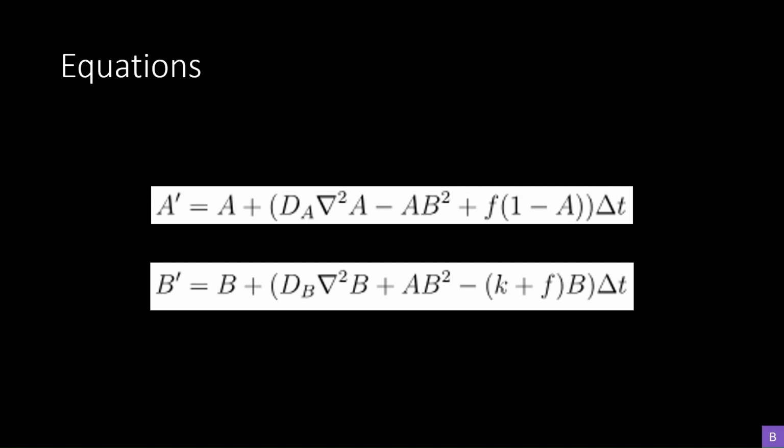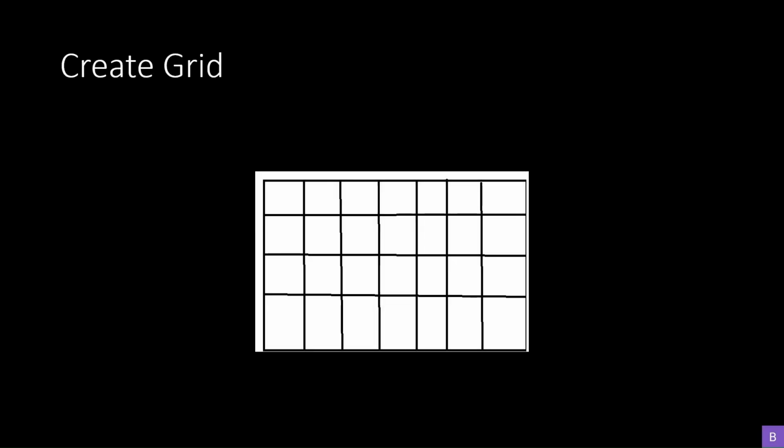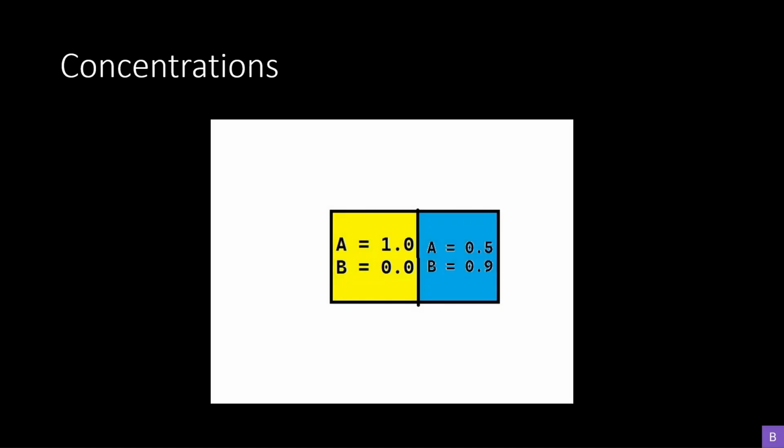But first, we need to establish a visual representation, and that starts by creating an n by n grid. Remember our story about the chemicals A and B? To keep track of their concentrations, we'll create arrays for each as shown. These arrays will correspond to the variables A and B in the equations.